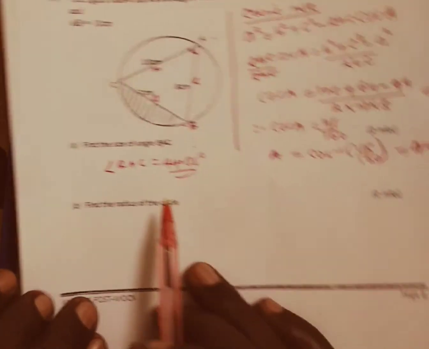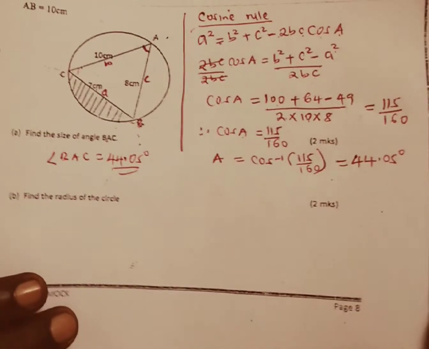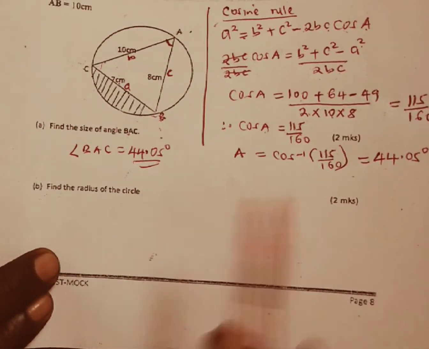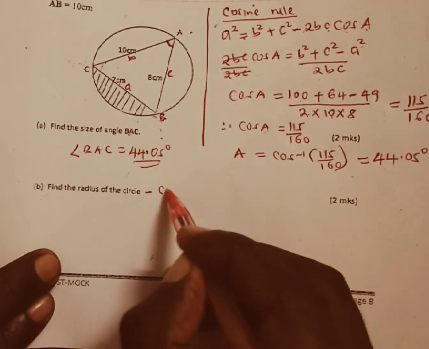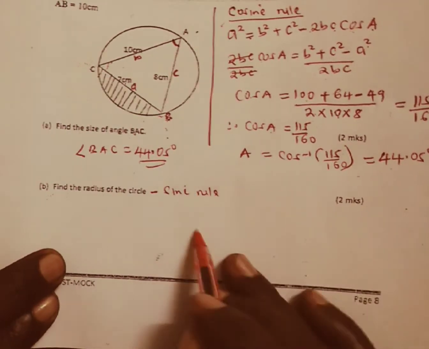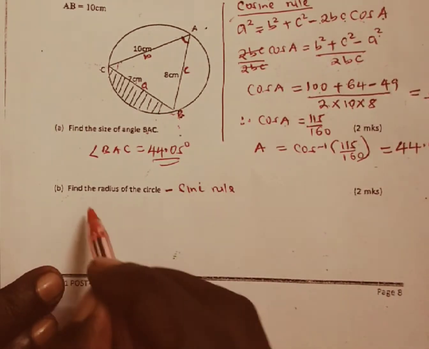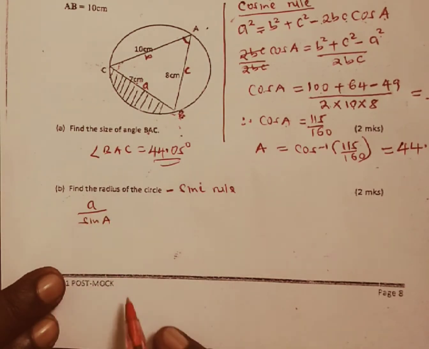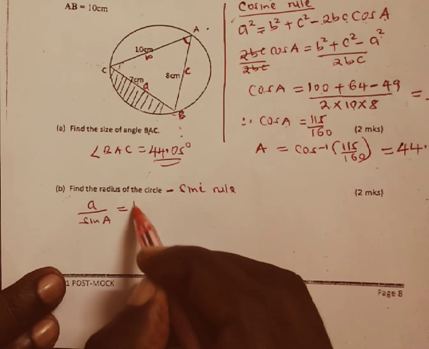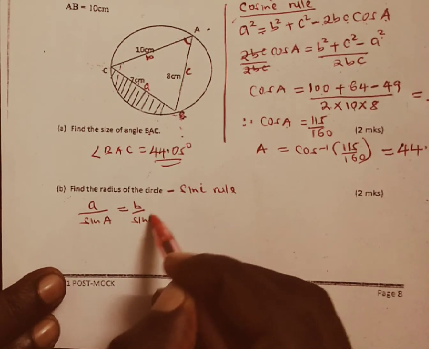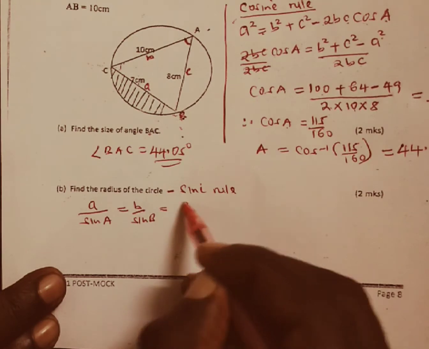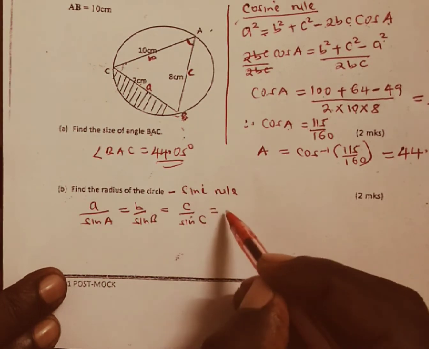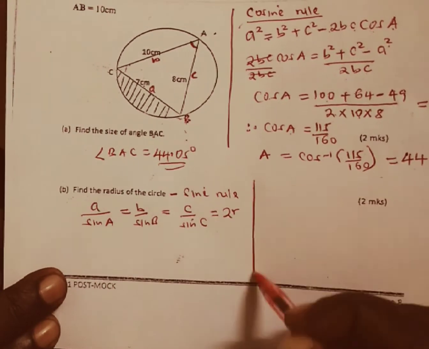Another thing we are supposed to calculate here is the radius of the circle. For us to get the radius of the circle, we always use what we call the sine rule. We use the sine rule, and in this case, A over the sine of angle A must be equal to B over the sine of angle B, which is the same as C over the sine of angle C. And this must always be equal to twice the radius of the circle.